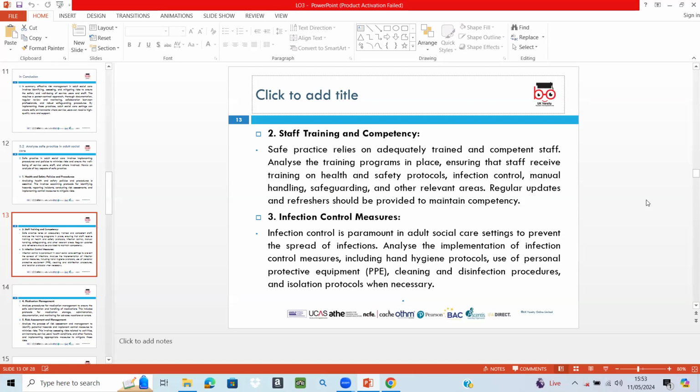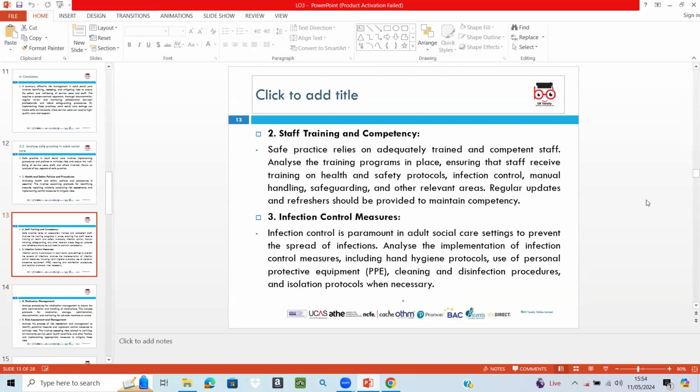Then if we discuss infection control measures, it includes examining the implementation of infection control measures for preventing the spread of infection within adult social care settings by analyzing protocols such as hand hygiene practices and proper utilization of personal protective equipment, PPE. Like after COVID, mostly we all know about the PPE.